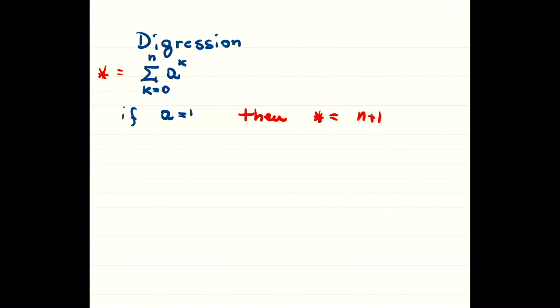Now, the interesting case is if A is different from 1. Okay? But if A is different from 1, look what I do. I consider, we already went through this last time, 1 minus A. This is a legitimate object, right? I don't consider 0 divided by 0 here, because A is different from 1.